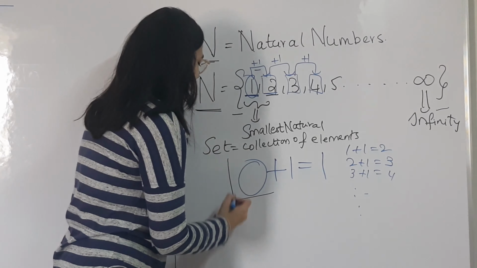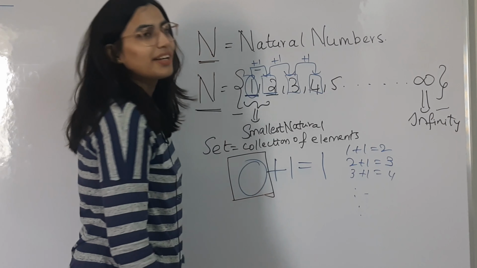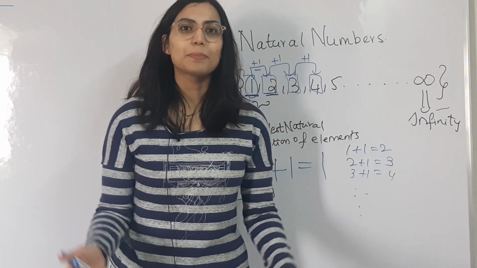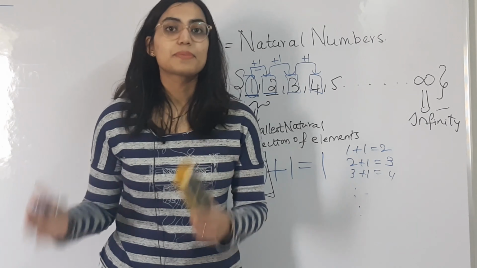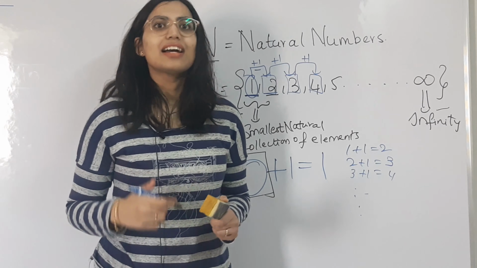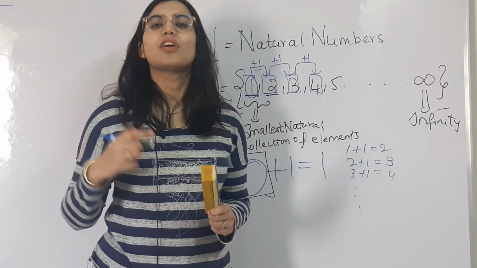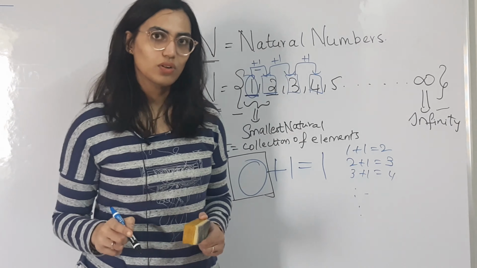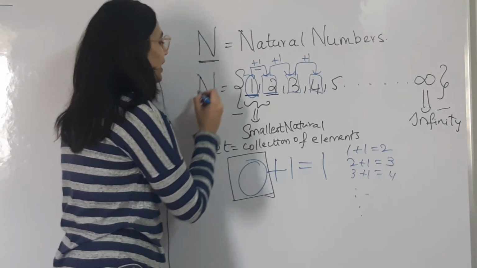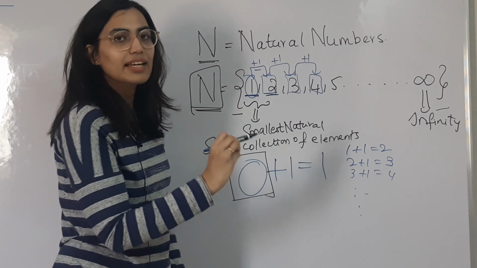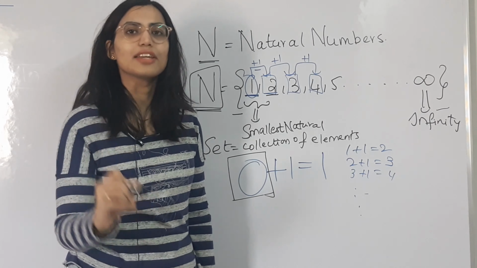0 is a whole number. 0 means empty. 0 means absence, right? We will deal in depth on the importance of 0, but for now, in natural numbers, there exists no 0.